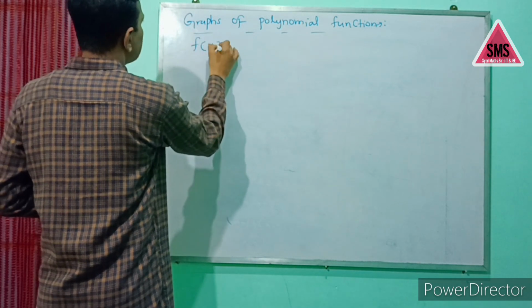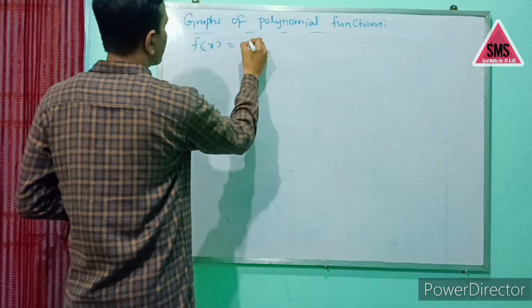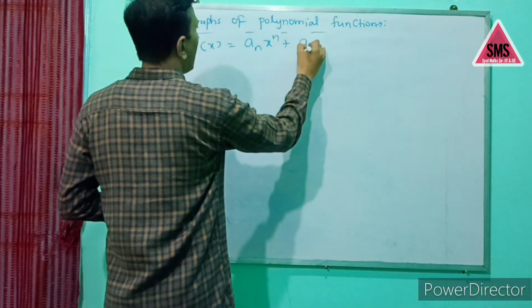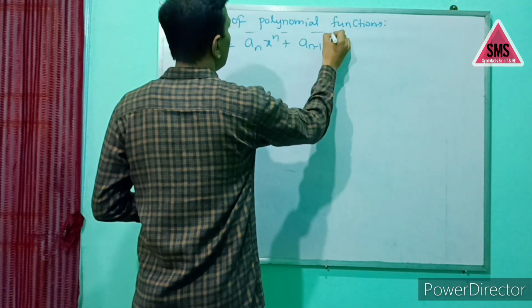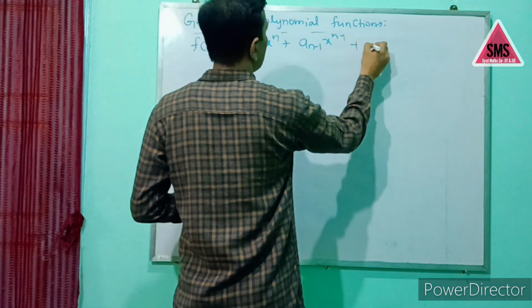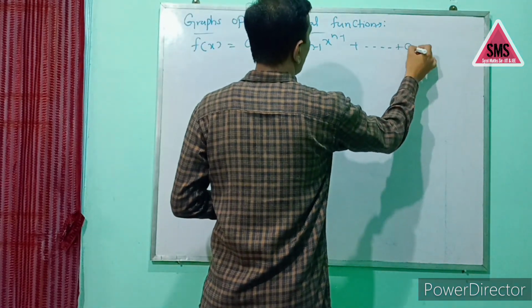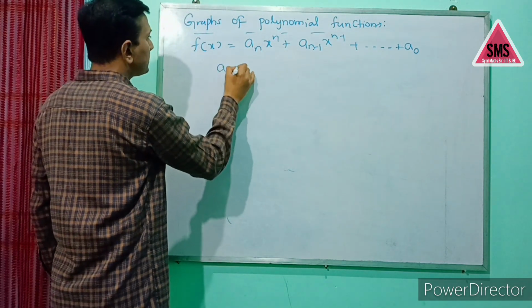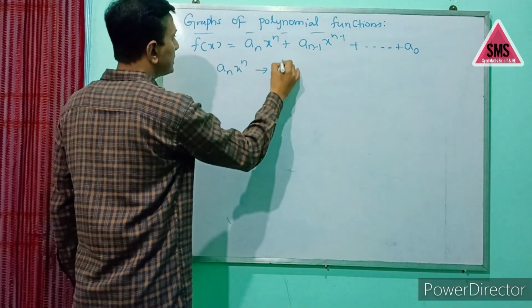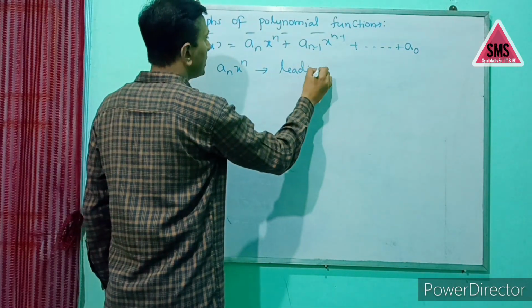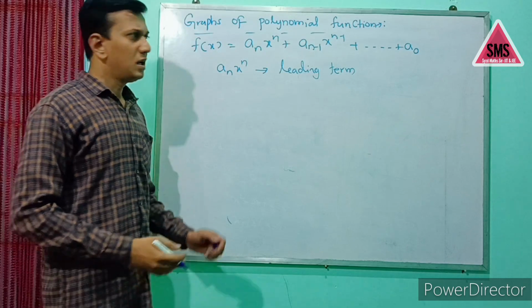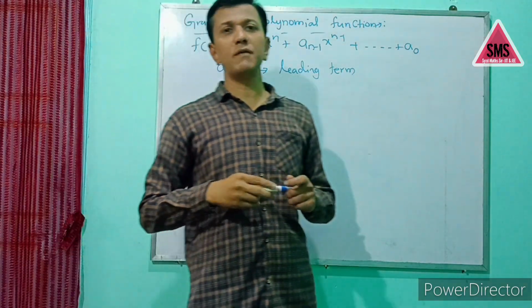To discuss this one, let us recall the standard form of the polynomial function. So f of x is equals to an x power n, plus an minus 1 x power n minus 1, and so on up to a naught. Here an x power n is called as the leading term. What is the definition of leading term?